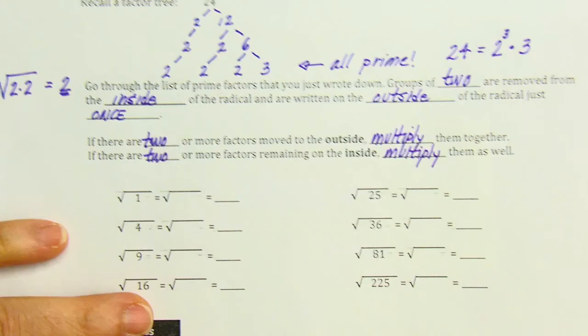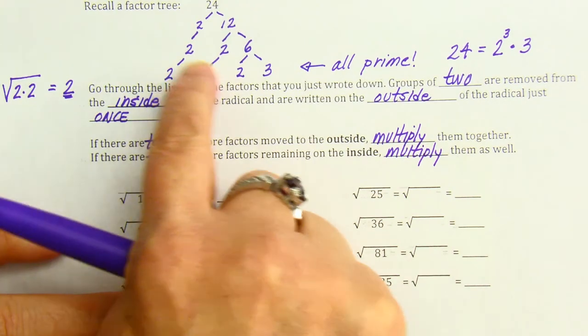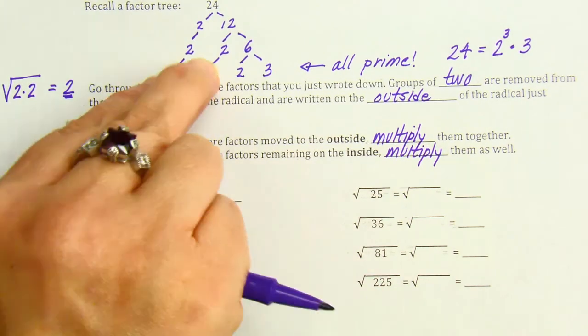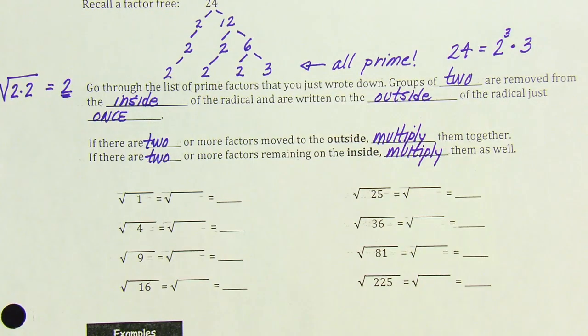So if this had a square root around it, these 2 would come out as a single 2, and then I would have to multiply the 2 and the 3 on the inside to get a 6. So the square root of 24 would simplify as 2 times the square root of 6.